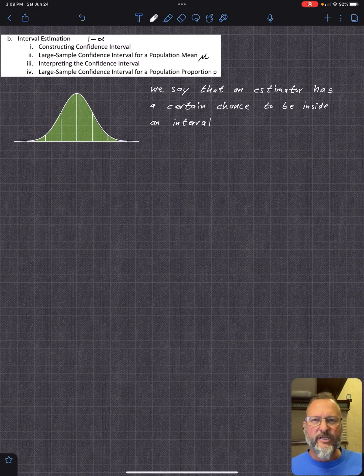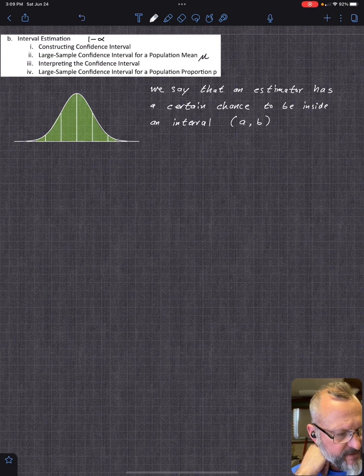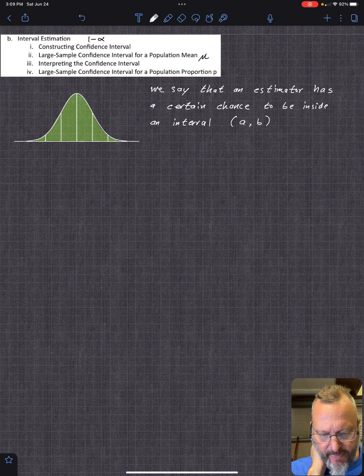And we'll talk about the actual language and all that next. Okay, so it's inside this interval. I'm making this just simple right now.